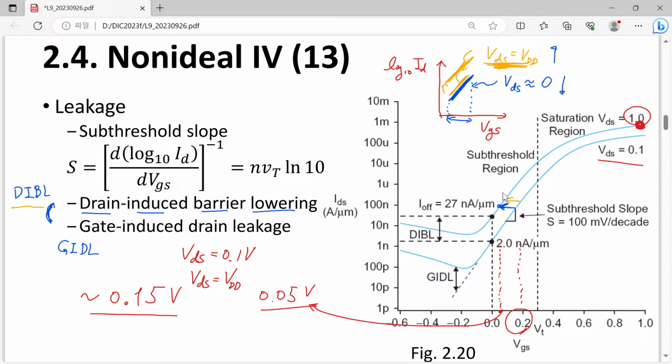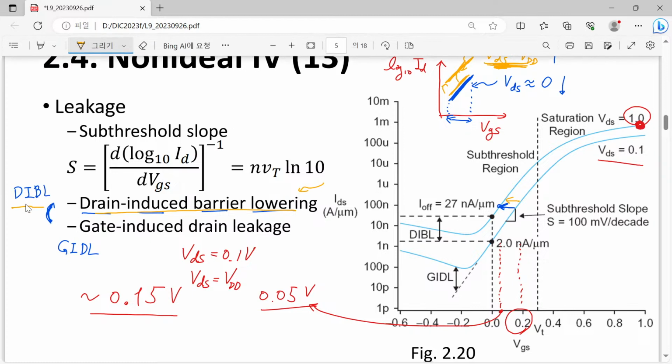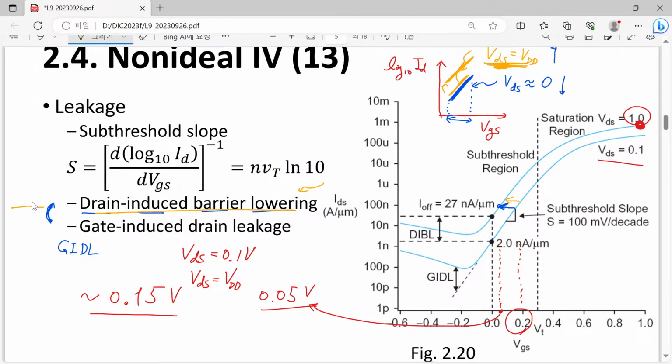If this voltage shift is high, then DIBL is high and this device is a bad device. And if we have a low DIBL, then this device is regarded as a good device. Are you with me? Okay.